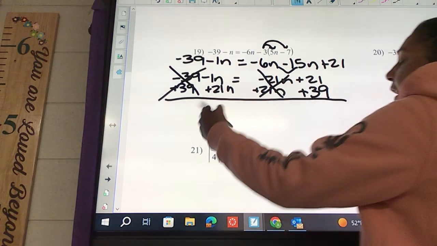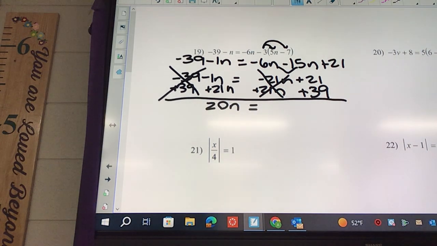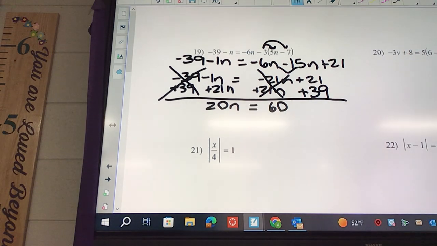So on this side, negative 1 plus 21 is going to be 20n. So the other side is going to be 60. And then what's our last step? Always divide. So we're going to divide by 20.